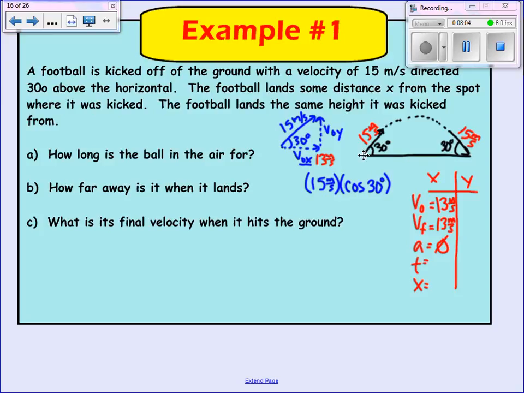Now let's figure out the initial velocity in the y. The initial velocity in the y is going to be found by taking my hypotenuse of 15 meters per second times the sine of 30 degrees. Sine of 30 degrees is 0.5 times 15, and so that will get me an initial velocity in the y of 7.5 meters per second.